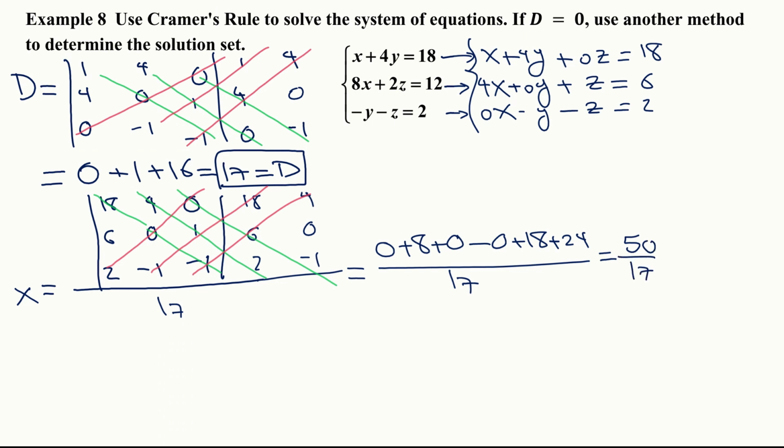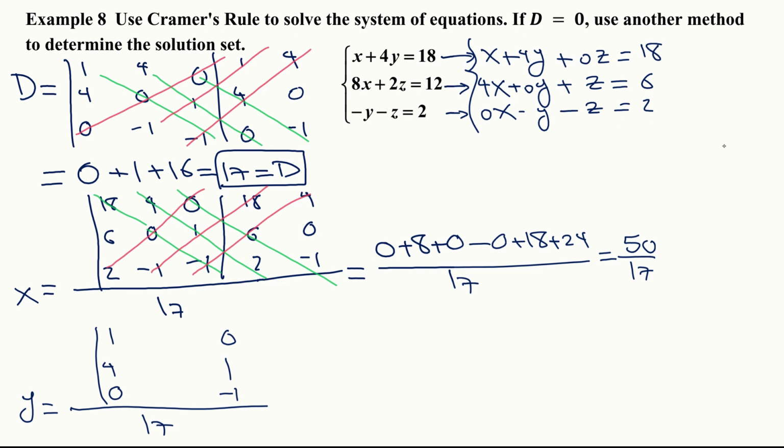All right, next we'll compute Y. I'll move. The denominator is just 17, so I don't need space for that. All right. So for Y, we're going to replace the Y coefficients with those, but the X and Z stay the same. So 1, 4, 0, 0, 1, -1 stay the same.